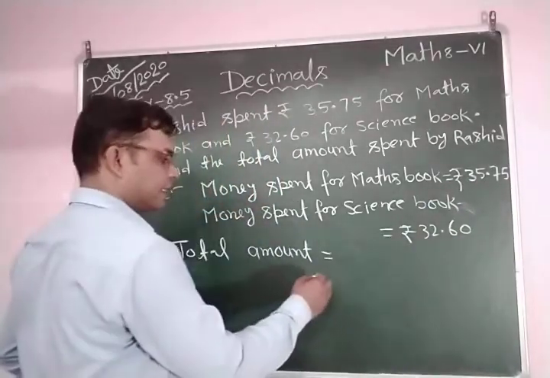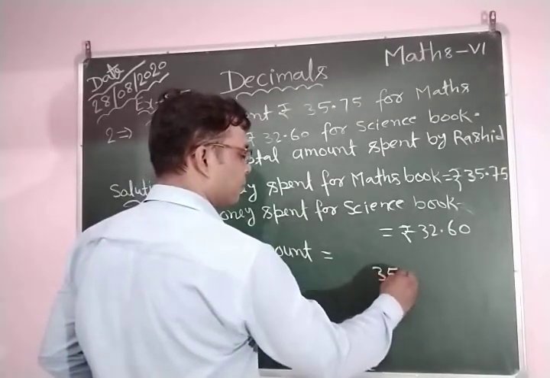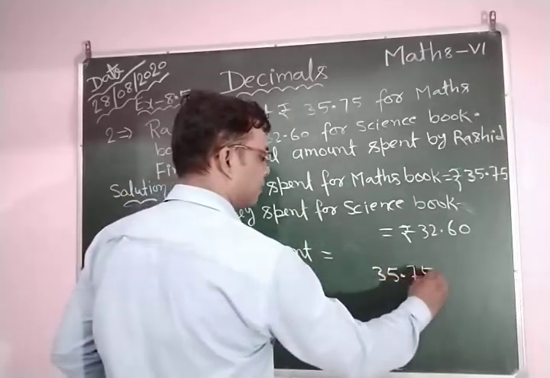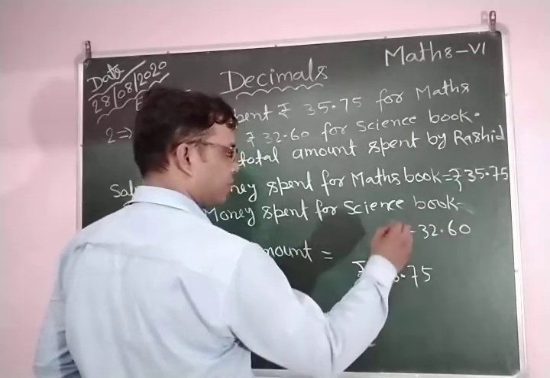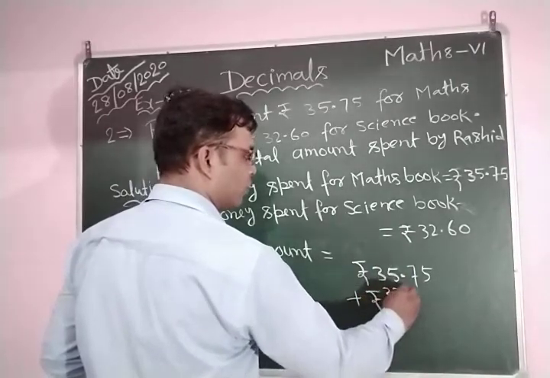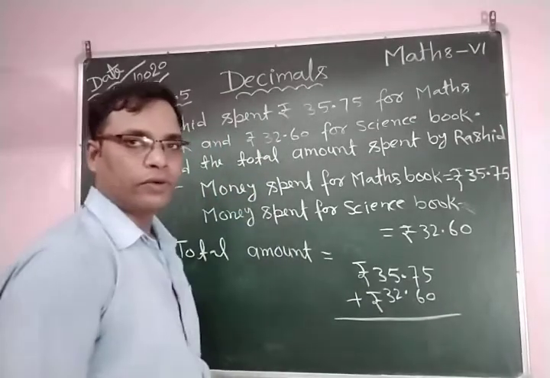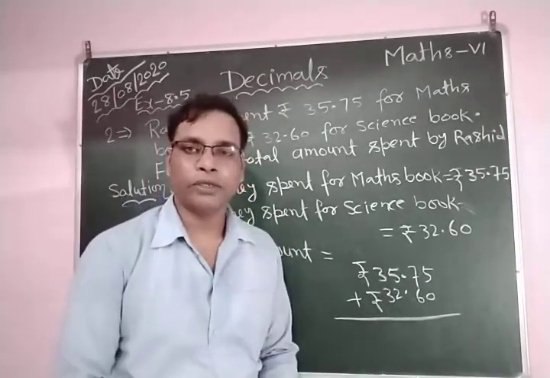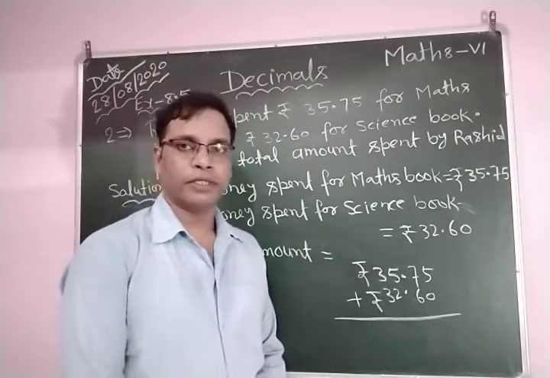So we can write it: this is equal to 35.75 rupees plus 32.60. Okay, so we sum them, then you find the total amount spent by Rashid.